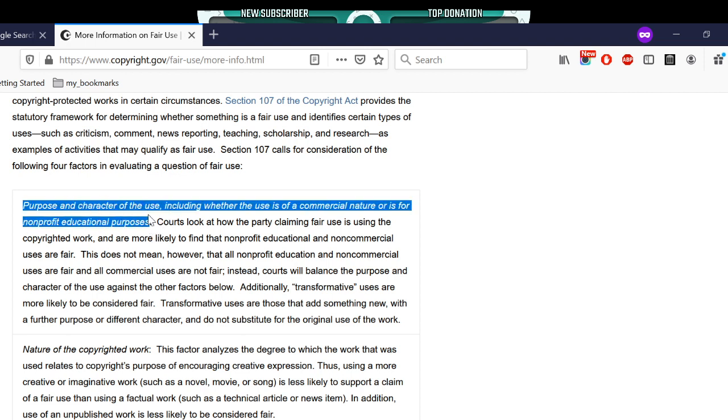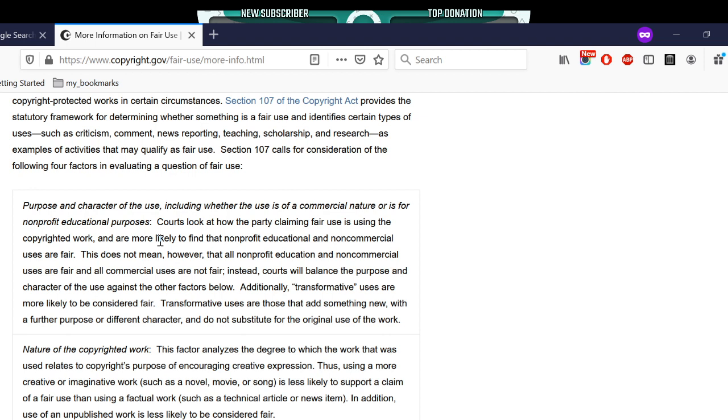Purpose and character of the use, including whether the use is of a commercial nature or is for non-profit educational purposes. Okay. Courts look at how the party claiming fair use is using the copyrighted work and are more likely to find that non-profit educational and non-commercial uses are fair.